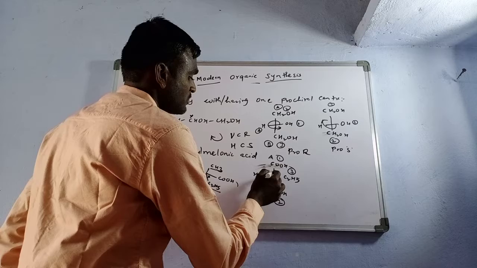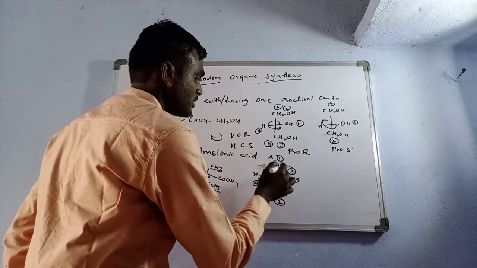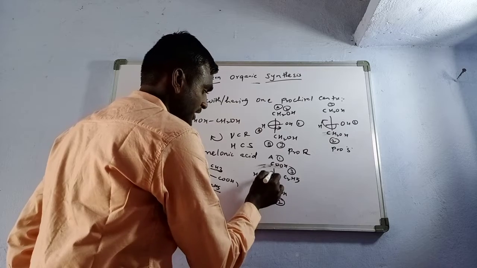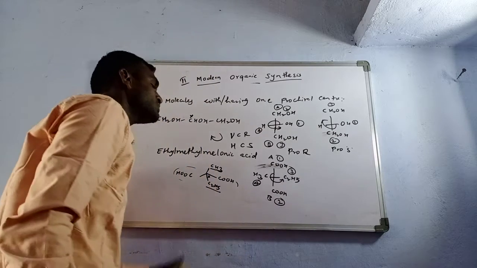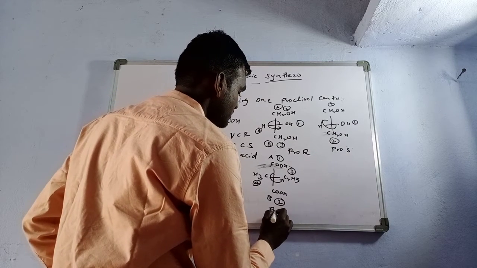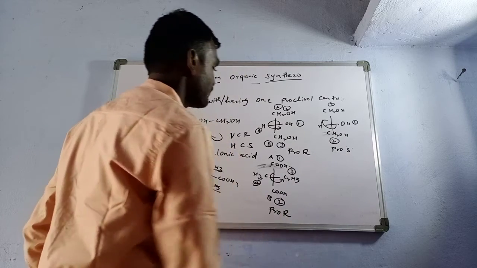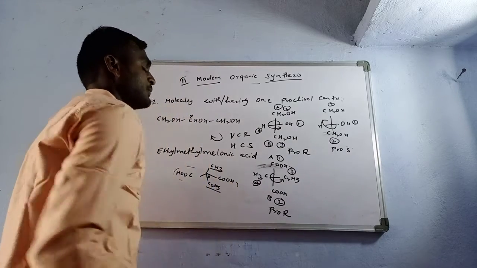According to Cahn-Ingold-Prelog rules, it will be 1, 2, 3, anti-clockwise direction, that is pro R. For this A group, this is the pro R.